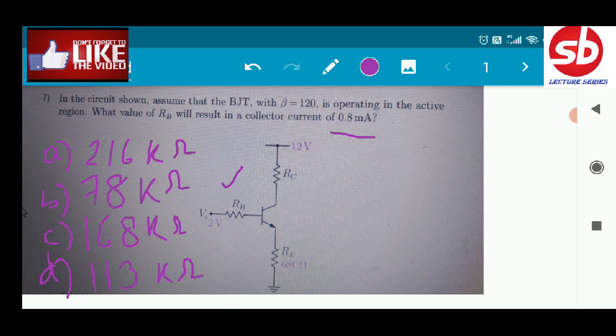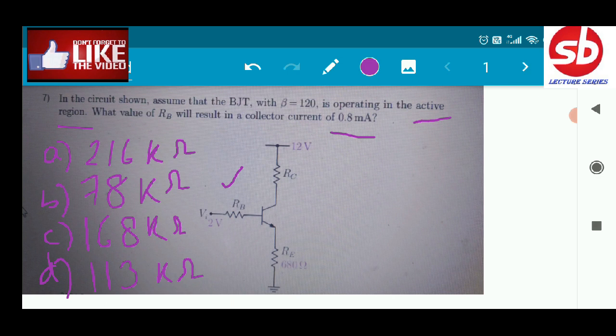Now this question is based upon the transistor biasing concept and also the region of transistor concept, because it has been said that the transistor is operating in the active region. Whenever a transistor is operating in the active region, some approximations we can assume.